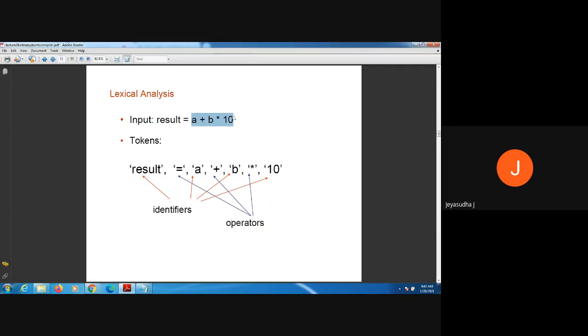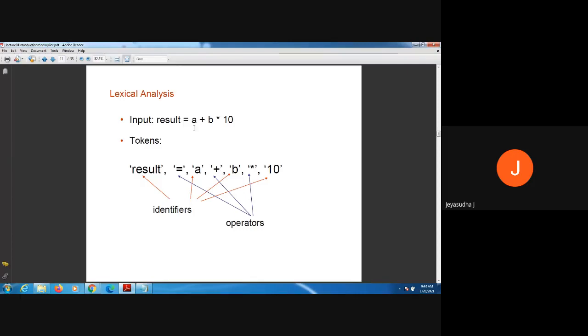In lexical analysis you split the program into tokens. For example, a is one token and plus is one token. Identifiers, constants, operators, special symbols and data types are all tokens. Each and everything is a token.